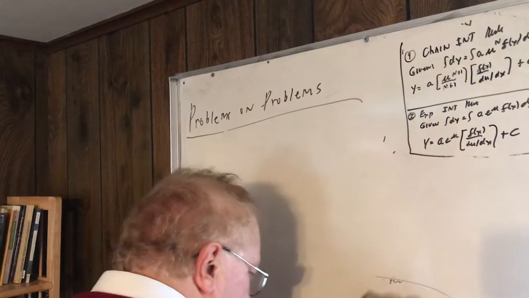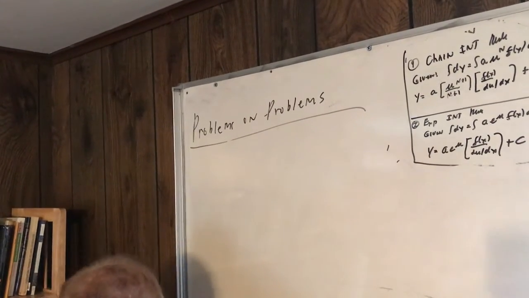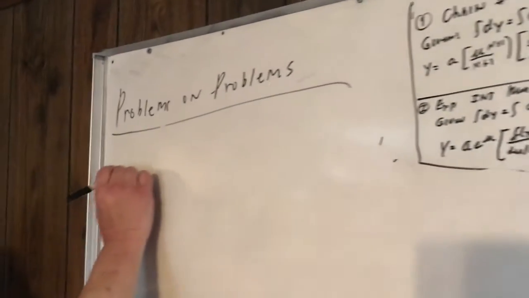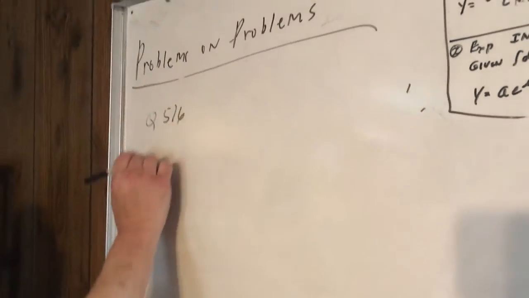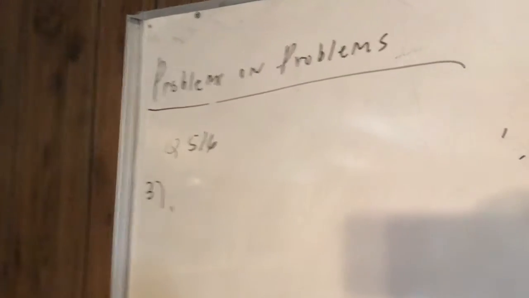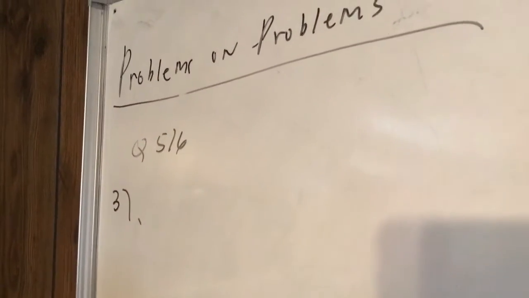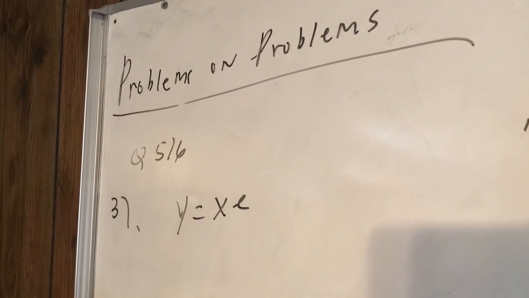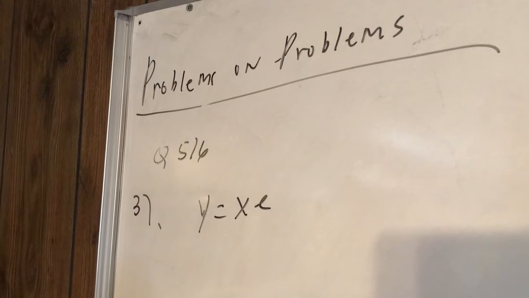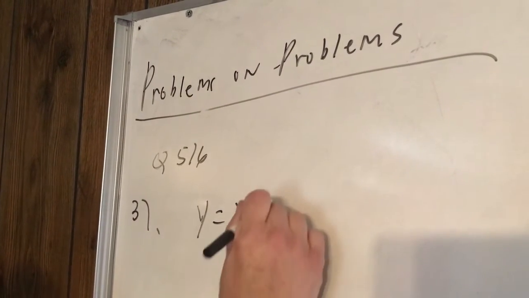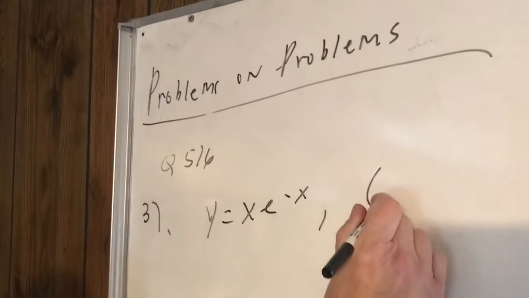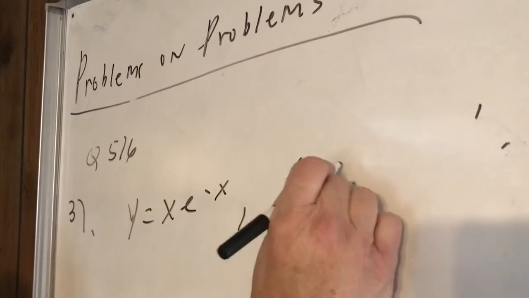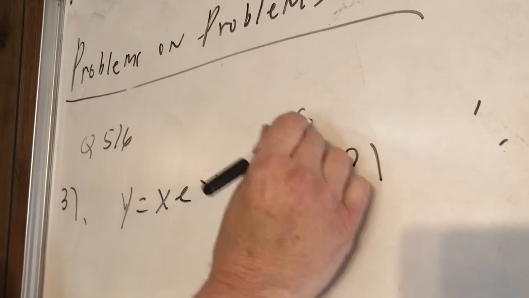The same quiz. Unfortunately, it seems that people still have problems with straight lines. So quiz 5 and 6, number 3. What I was given: y equals x e to the minus x, and I'm given the point 1 and I don't know, that's x and y.